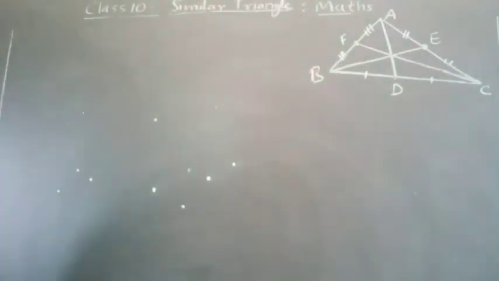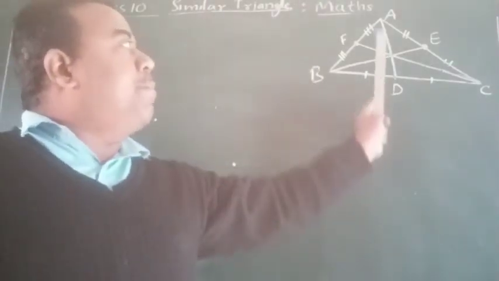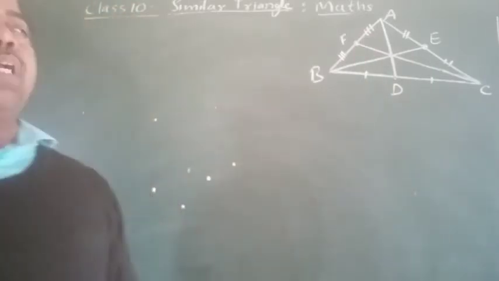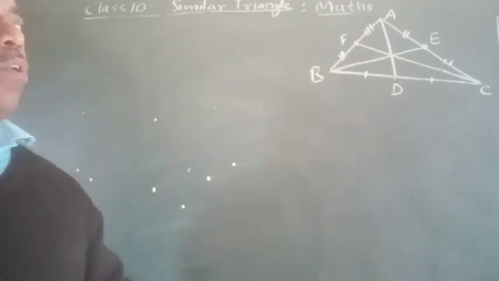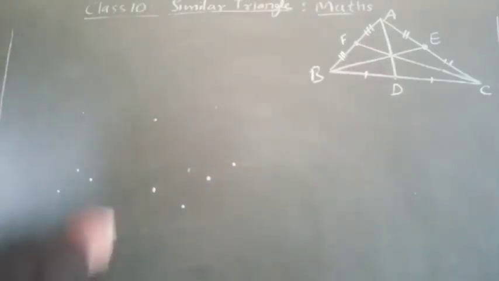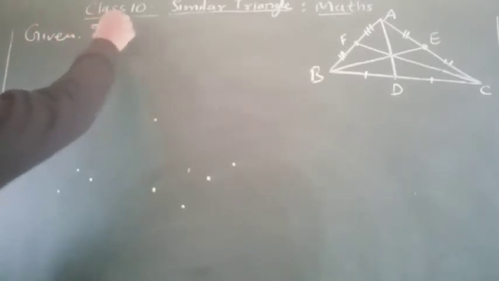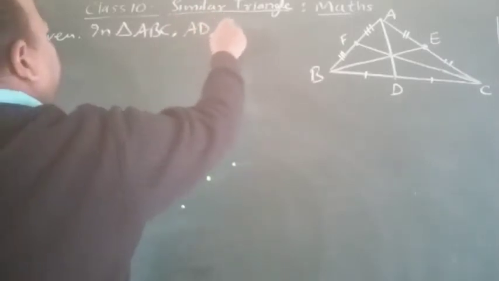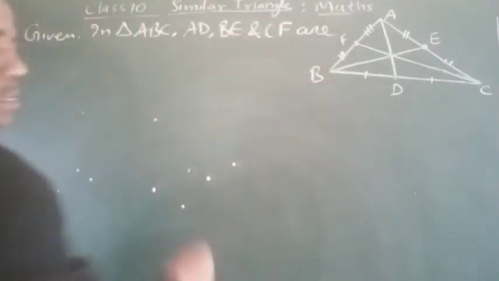Look at this. What do you have? In triangle ABC, AD is the median, BE is the median, CF is the median. What do I have to use here? We have to use the concept I discussed just now in this question. So look at what is given. In triangle ABC, AD, BE and CF are medians.